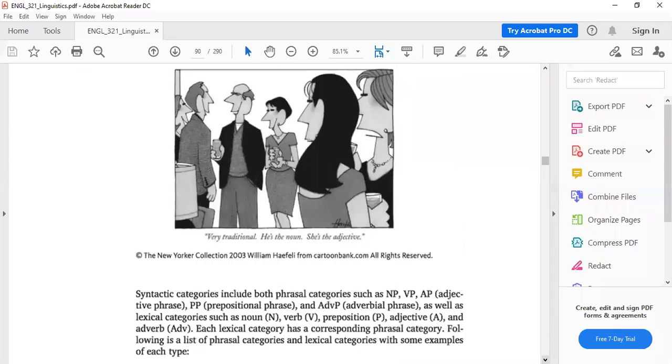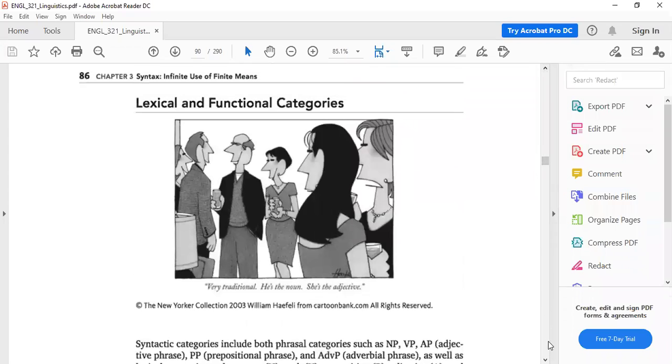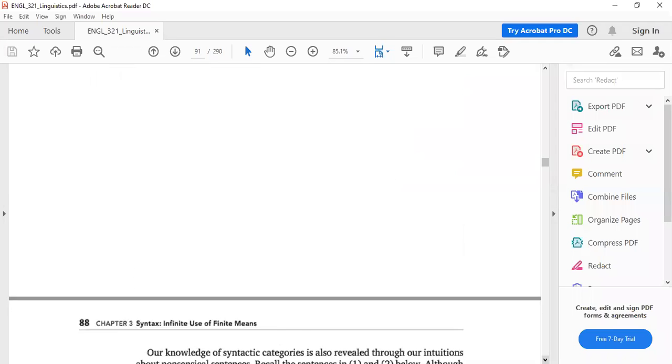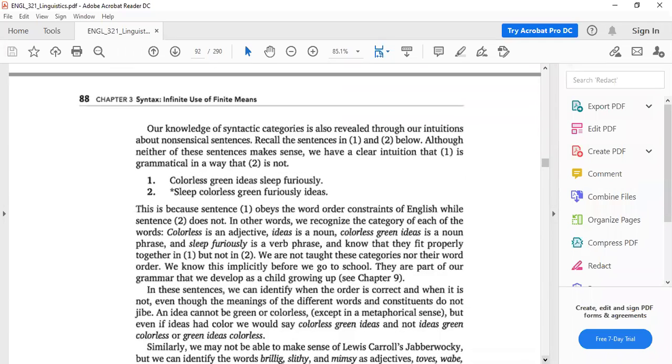Pages 88. So we don't have anyone for lexical, because there's a blank page here. I'm going to do this, and then we'll have a blank page, and then we will have 88.